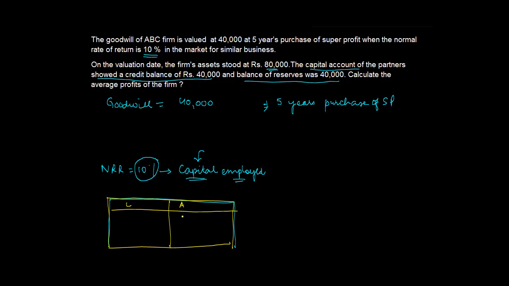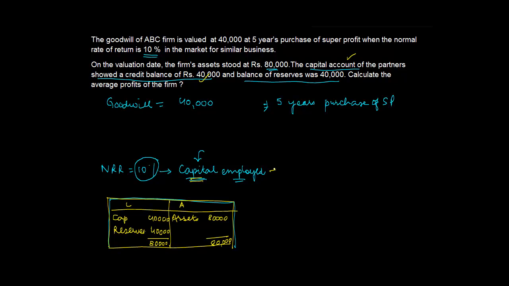The asset side, what does it have? It has assets of 80,000. There is a capital of 40,000, right? The capital account is 40,000 and the balance of the reserve was 40,000. Reserves, right? Now capital employed is what?